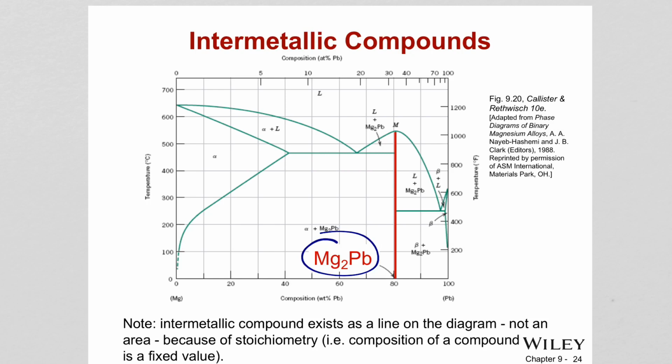This is represented in a phase diagram as a vertical line, as you can see. The reason for that, as written here, is the stoichiometry, because the composition of a compound is fixed.